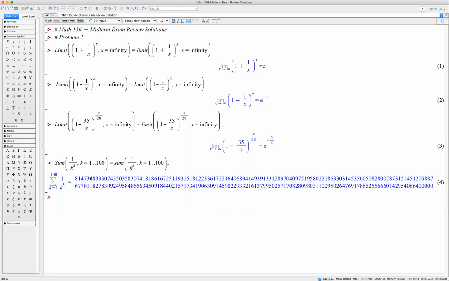Some humongous fraction. We want to know what this is as a decimal. I can do it in two ways. I could say, give me the sum, but evalf. That means evaluate as a decimal, whatever is inside. And so that's 1.202. So that's this finite sum.